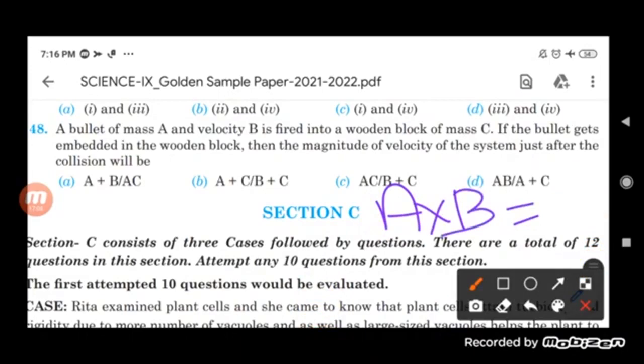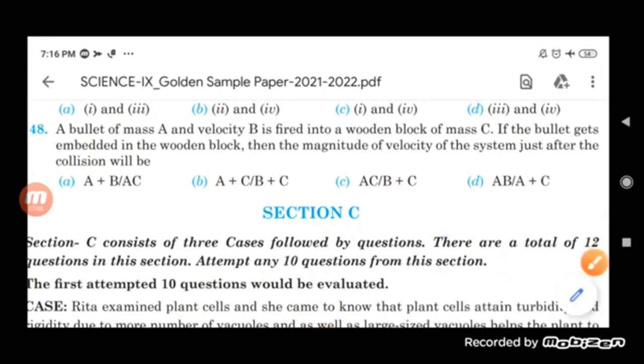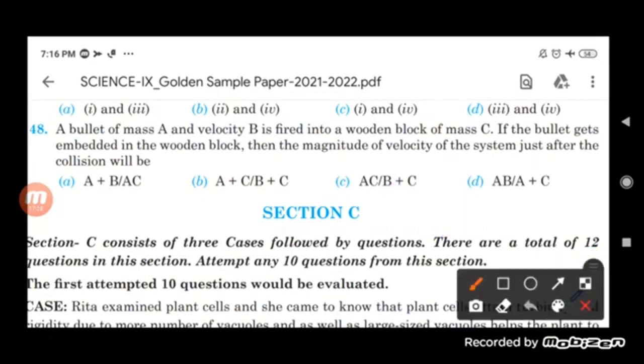It means after collision, what happens? As the collision happened, the bullet sticks with the wooden block, and now both of them are moving together.